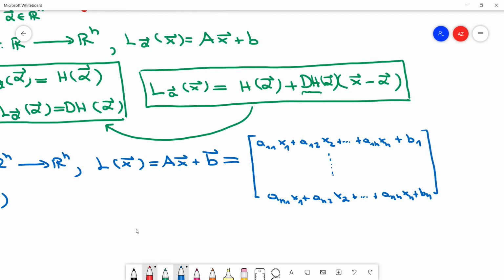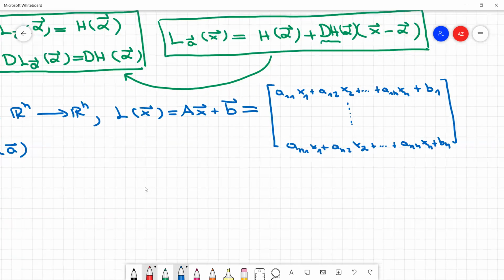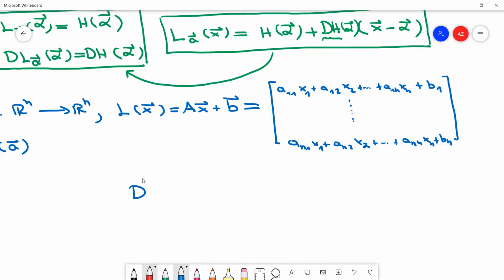This is our function L. And now we are calculating the Jacobian dL in the point alpha, with coordinates alpha 1 up to alpha n. So this is a matrix. It has the same number of rows as L and the same number of columns as the number of variables. Here we have n variables and n rows, so it will have n rows and n columns.